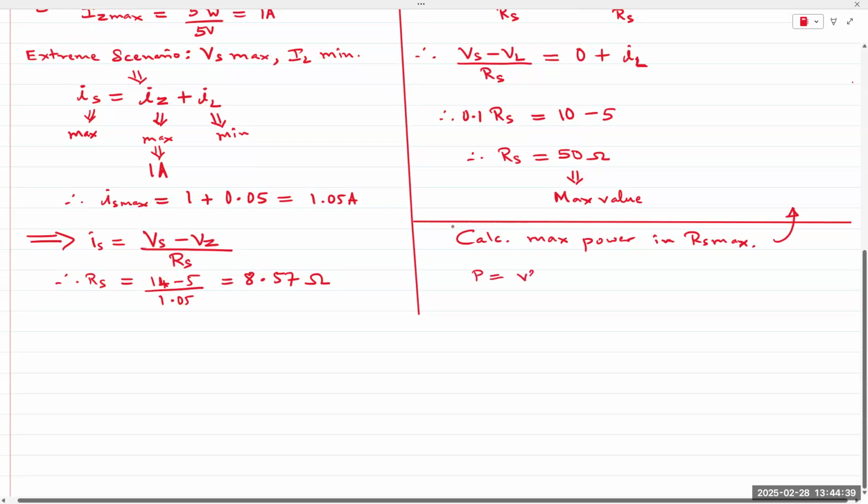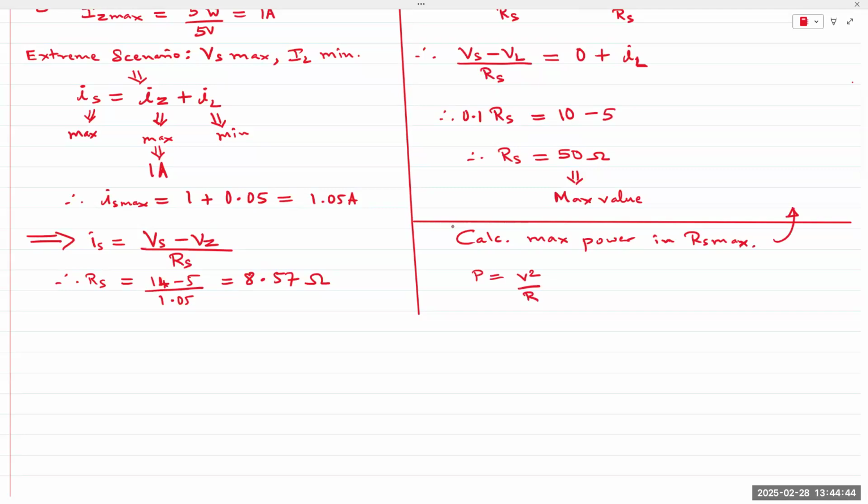Power, of course, is V squared over R, right?